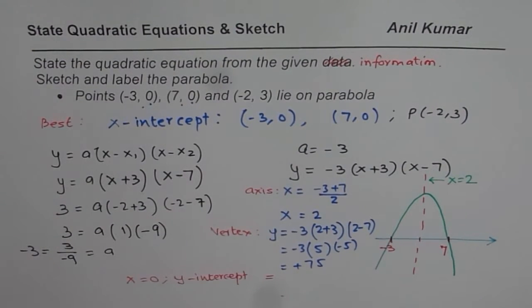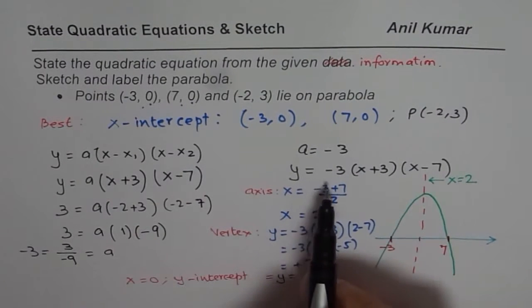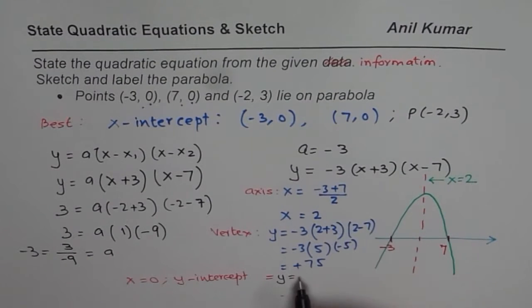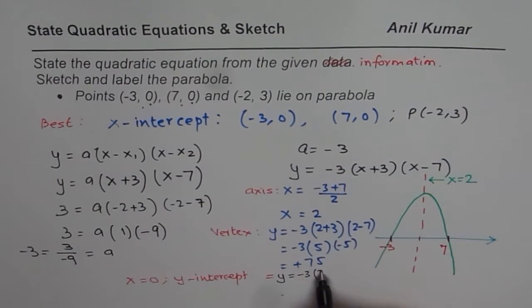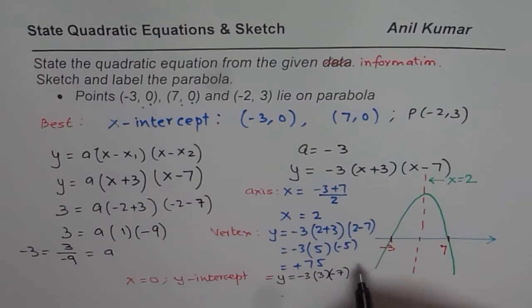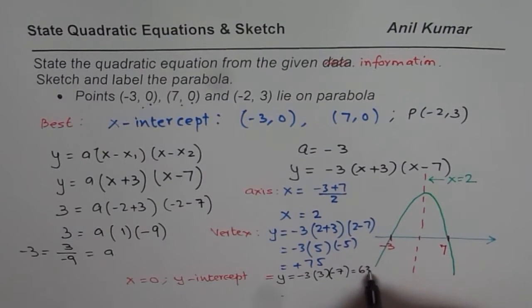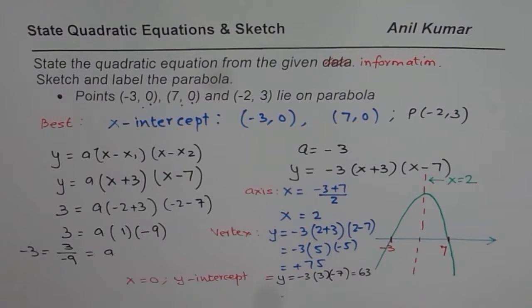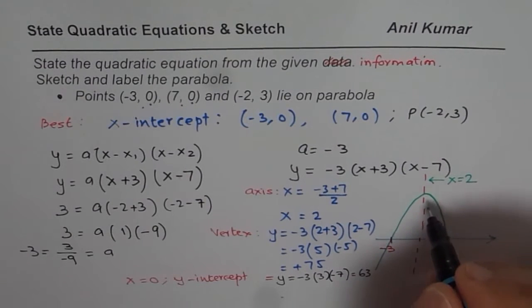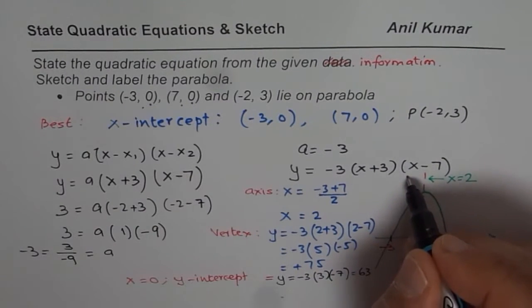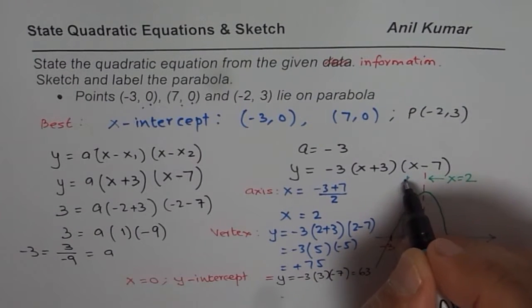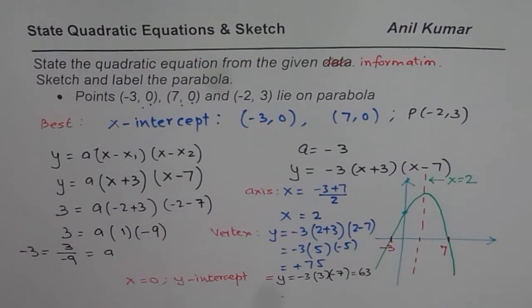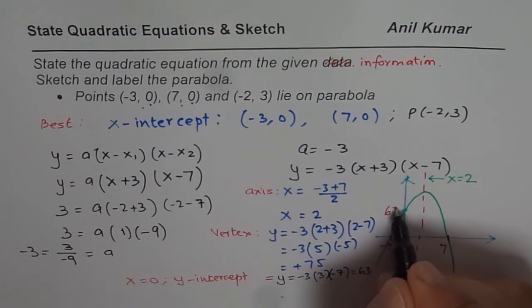If I write x equals 0 in my equation, I get minus 1/3 times 3 times minus 7, which is 7. So at 7, I have the y-intercept. Let me just draw a line here. So this point here is the y-intercept.